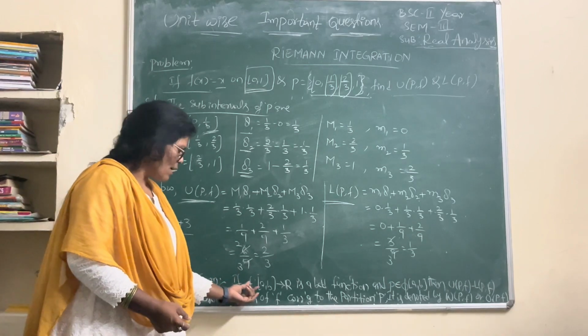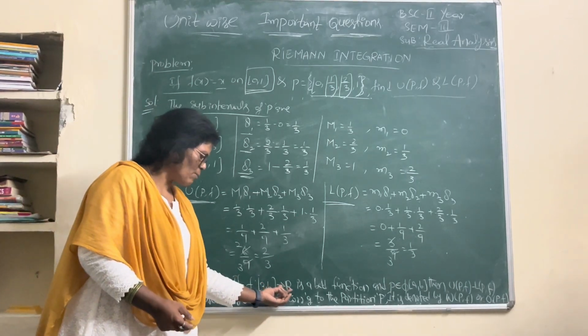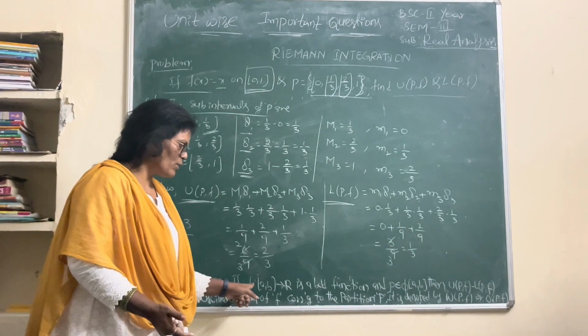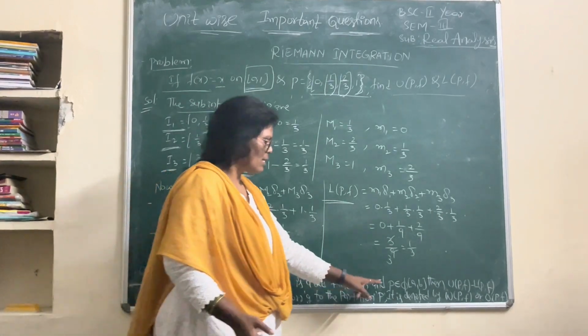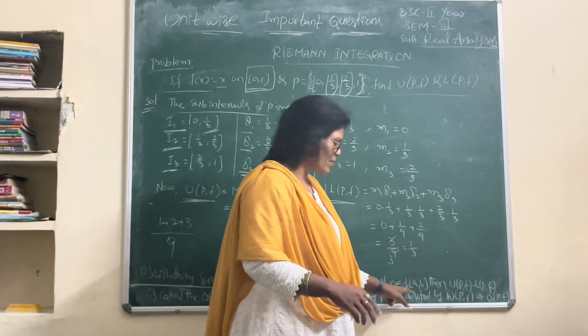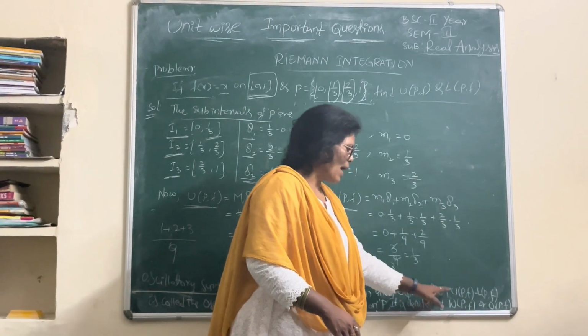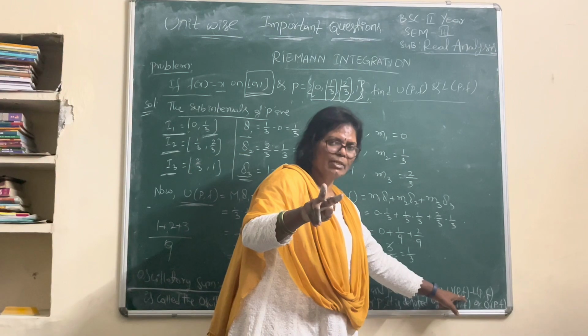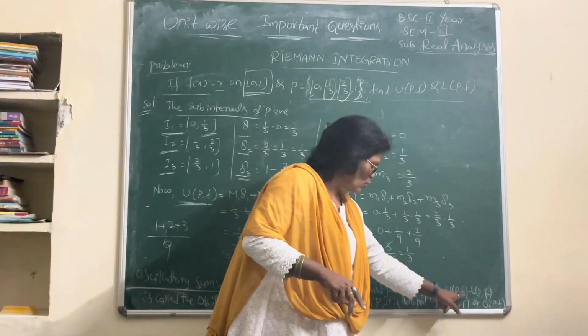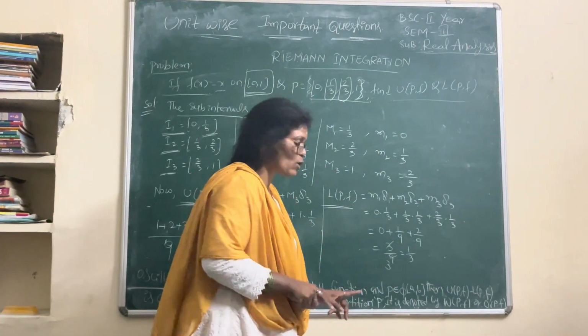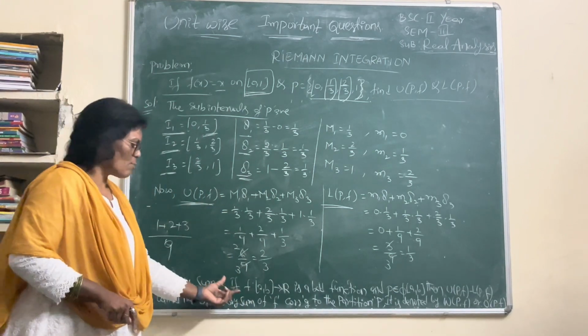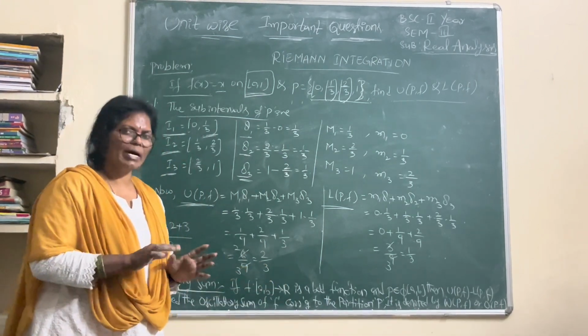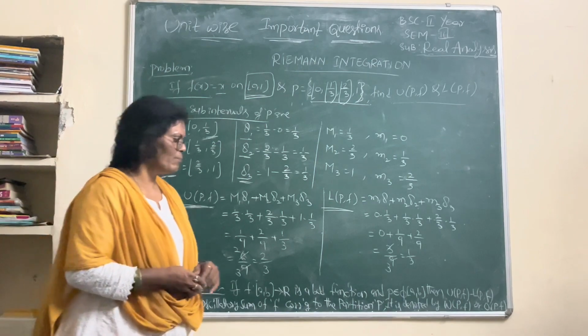Here f is a mapping from the closed interval a, b to R, f is a bounded function, and P is the set of all partitions on the closed interval a, b. The difference between the two Riemann sums, upper and lower, that is U(P, f) minus L(P, f), is called the oscillatory sum of the function f corresponding to the partition P on the closed interval a, b.